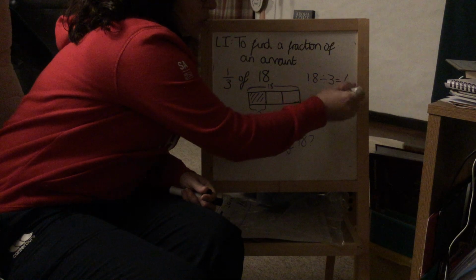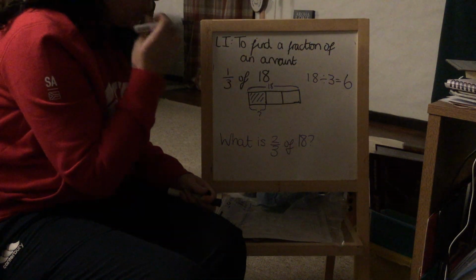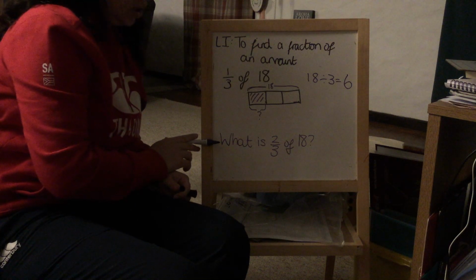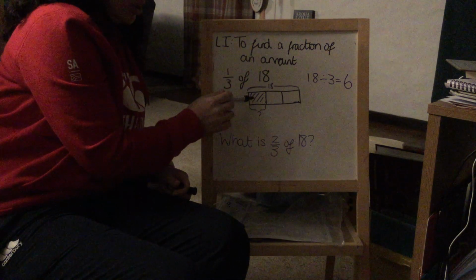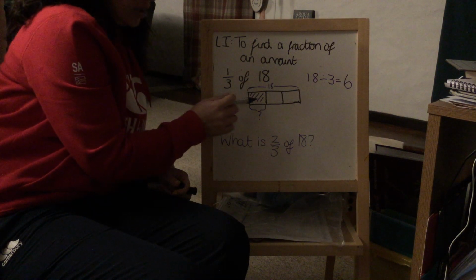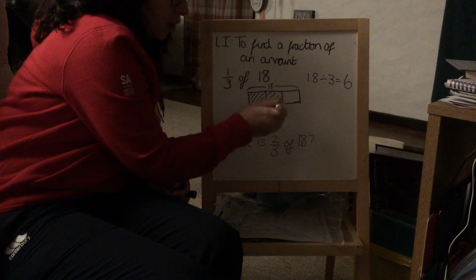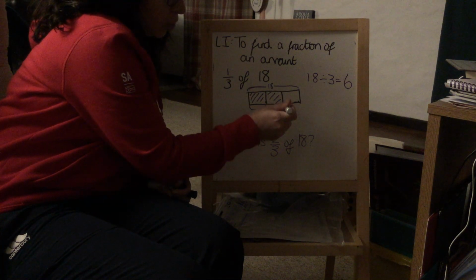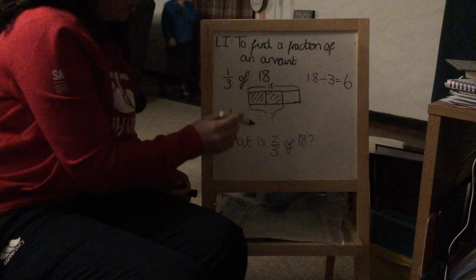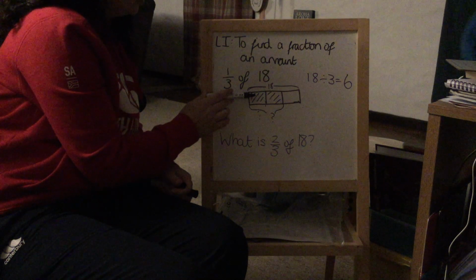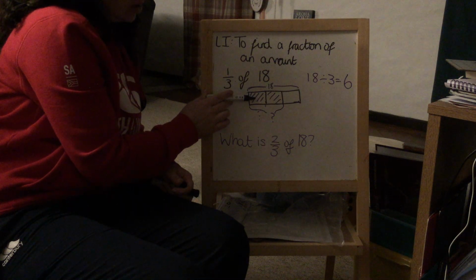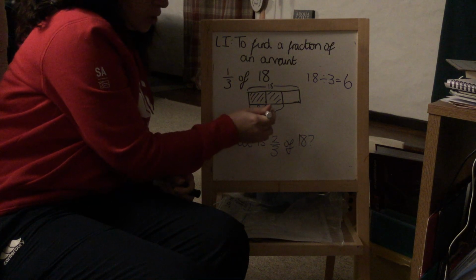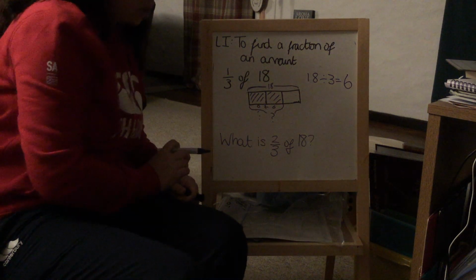So that equals 6. Now if we're going to answer the question, what is 2/3 of 18? Well, we know what one part is. One part is 6. So if we were to shade another part in and add this bit as well, we know that this second part is basically 6 plus 6, or 6 times 2.